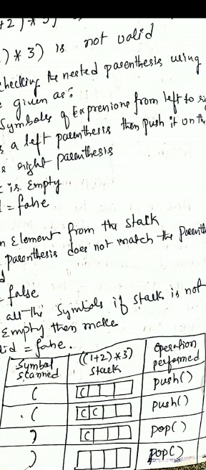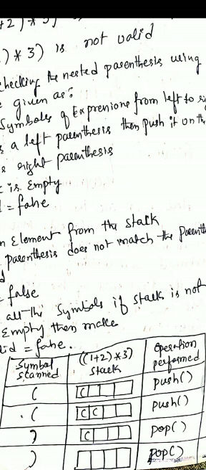In step 3, if the symbol is a right parenthesis, I have to check the condition whether the stack is empty or not. In this case it is not empty, so there is no need to assign a false value to the valid variable.